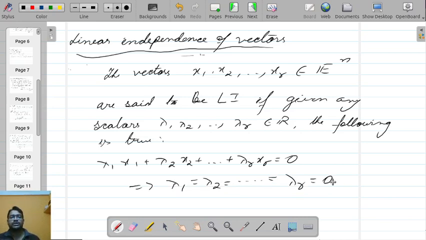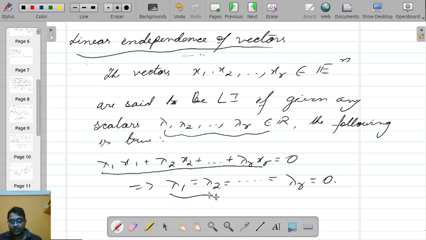So given any scalars lambda 1, lambda 2 up to lambda r, the following is true. That is, if lambda 1 x1 plus lambda 2 x2 up to lambda r xr equals 0, then this will also happen: lambda 1 equal to lambda 2 equal to up to lambda r equal to 0.